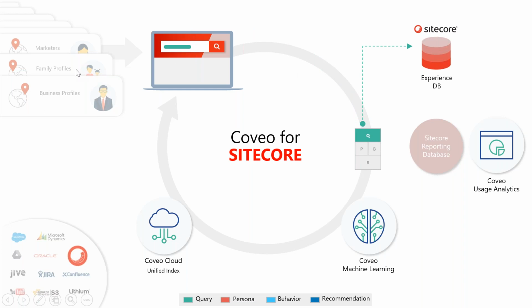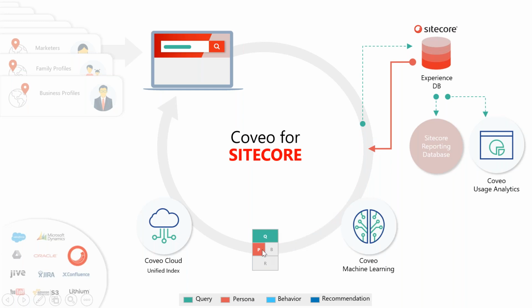The context may also include things like the location of the user or their browser preferences, what language they've selected as a browser preference, whether they're a mobile or non-mobile user. All of that information can be used not only by Sitecore to determine a persona, but it's also logged by Coveo into our usage analytics platform for you to report on, for you to understand your user's behavior, and also to feed into, again, Coveo's machine learning technology.